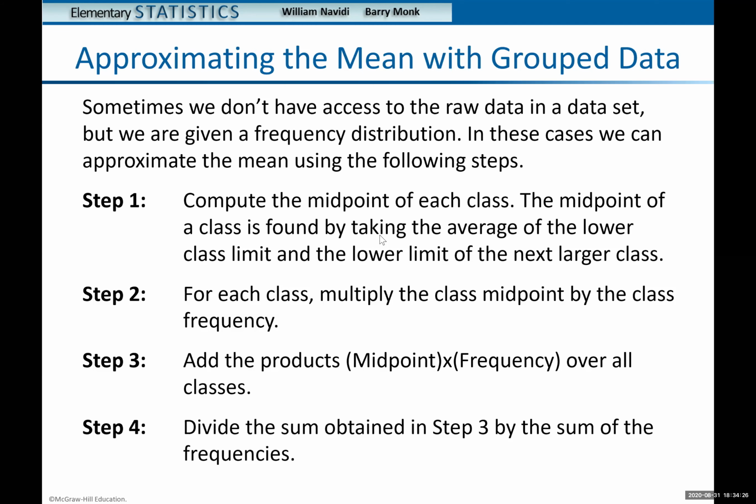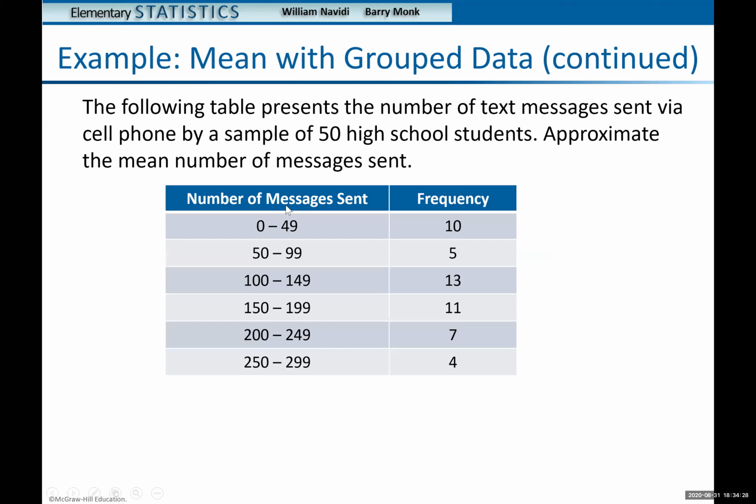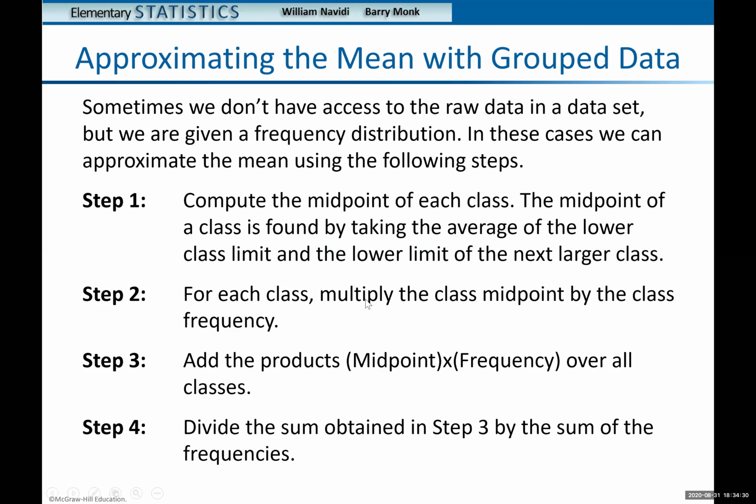Do you remember how to get the midpoint? Midpoint is the x. How do we solve for the midpoint? Taking the average of the lower class limit and the lower limit of the next larger class, just like LL1 plus LL2 divided by 2.